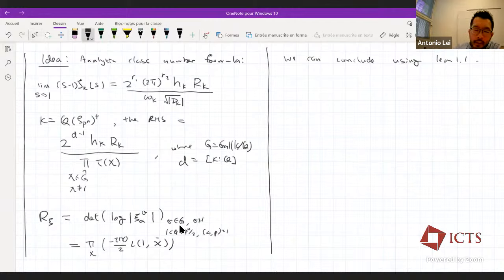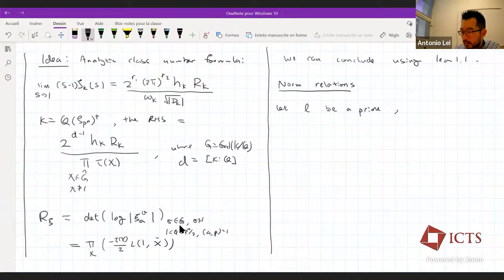Okay, so the second thing I want to tell you about these cyclotomic units are the norm relations these elements satisfy. So the first thing I want to say is that, okay, let's say L is a prime and M is an integer which is greater than 1.